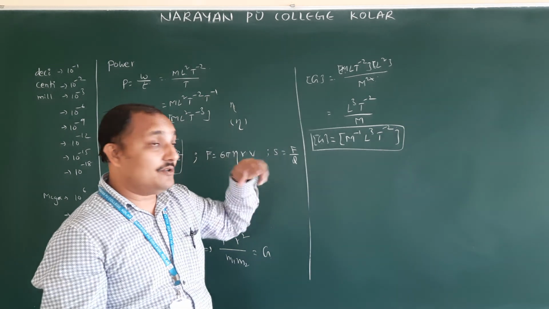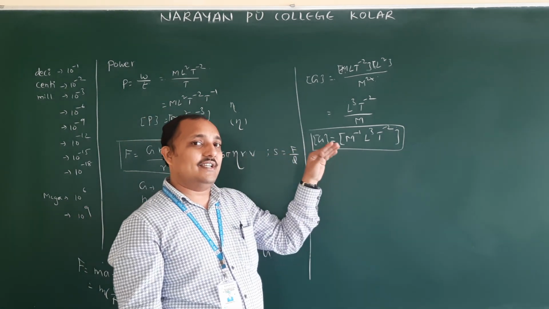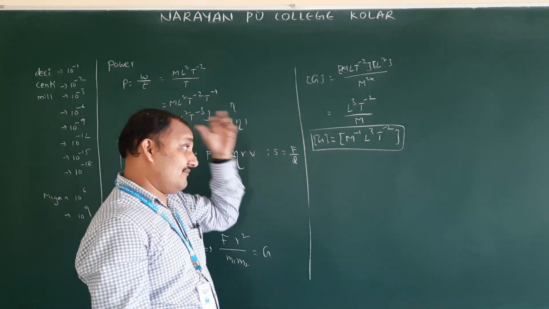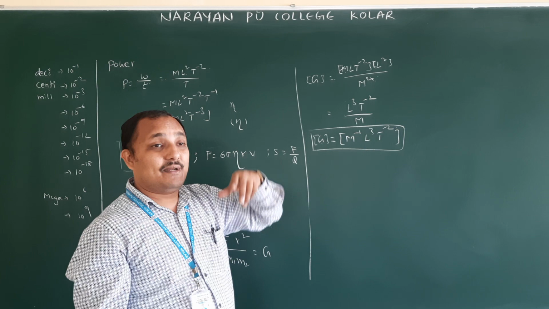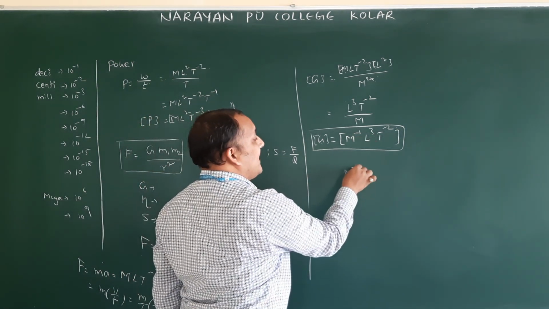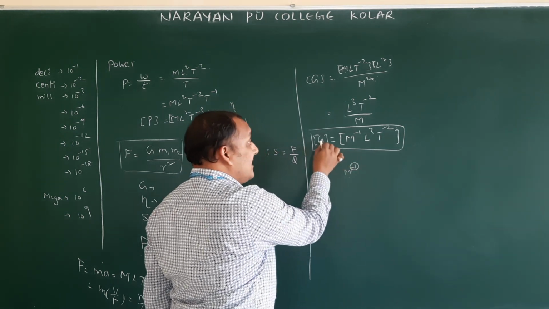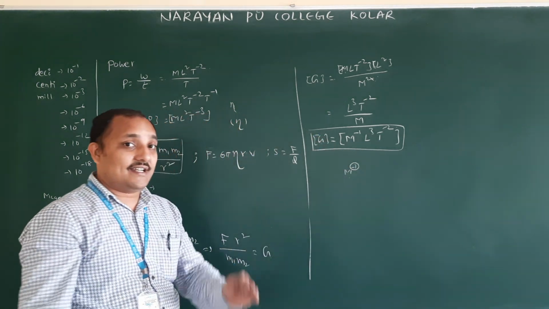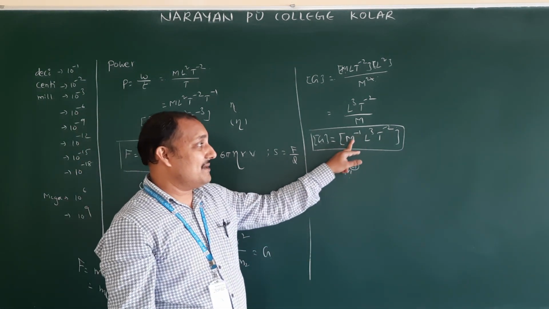In the entire first PU, there is only one physical quantity like that, the gravitational constant. In second PU you will get others, but in first PU this is the physical quantity which has negative dimensions in mass, M power minus 1. Therefore, mass negative dimensions is there for the gravitational constant.